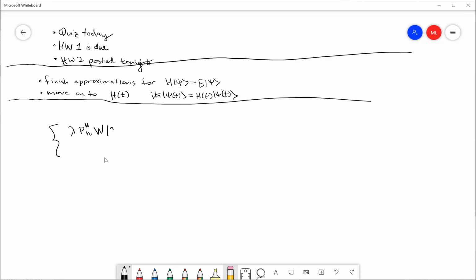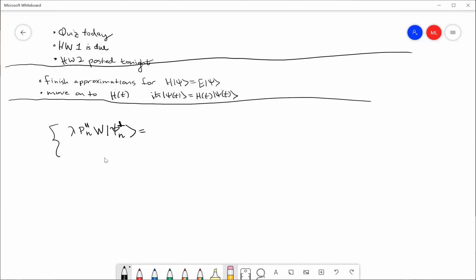And this is all acting on the perturbation times psi. I guess I was using phi's. It's the components of the eigenstate that are perpendicular to the degenerate subspace.